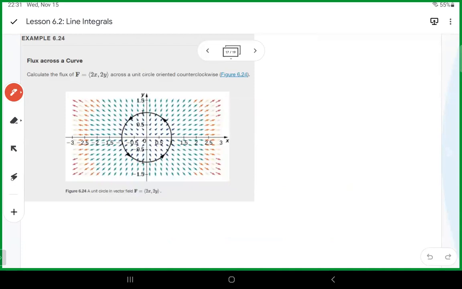Calculate the flux across a unit circle oriented clockwise, and then it gives you the figure. To compute the flux, we first need a parametrization of the unit circle.